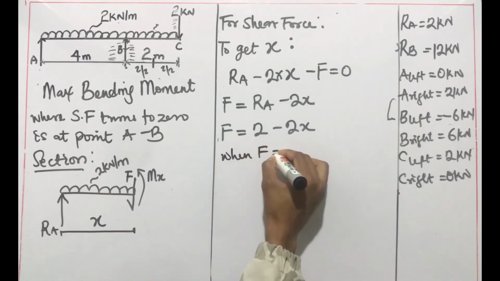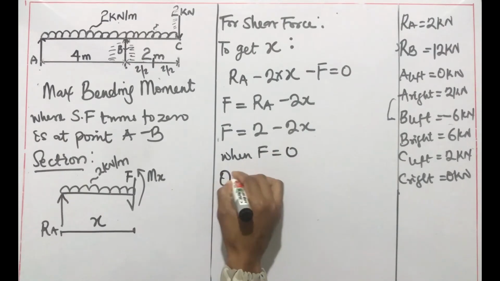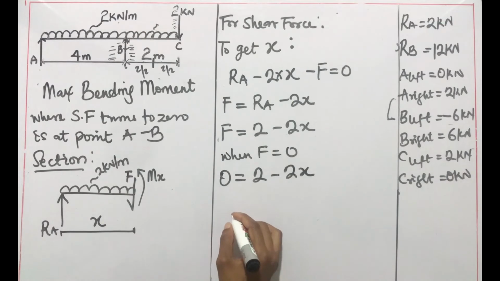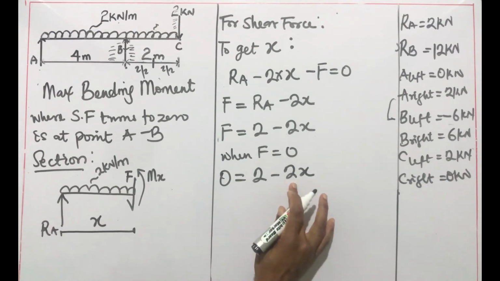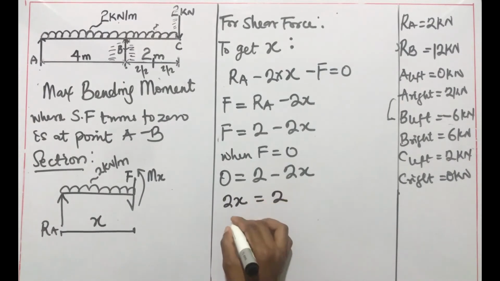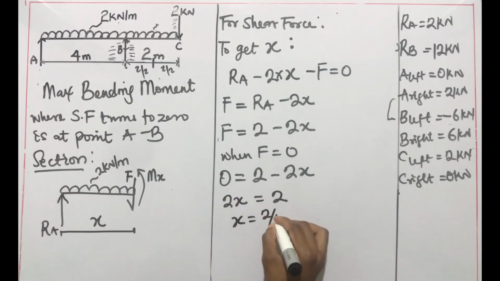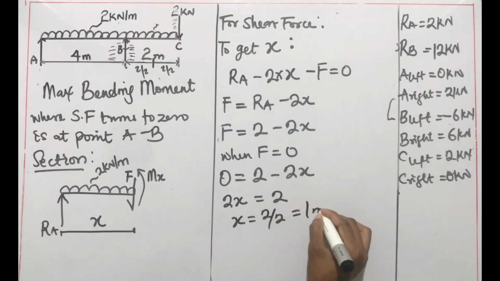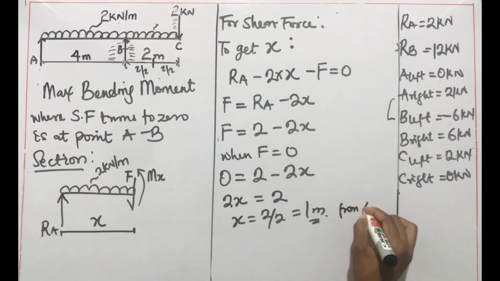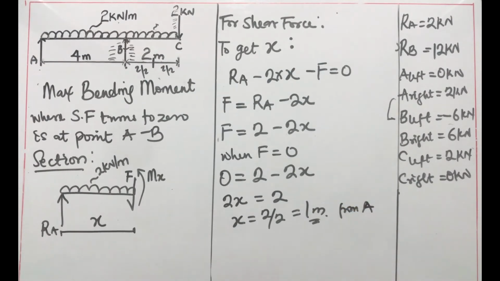When F is equal to 0, we have our distance as 1 meter. This means that the maximum bending moment occurs at 1 meter from the point A.